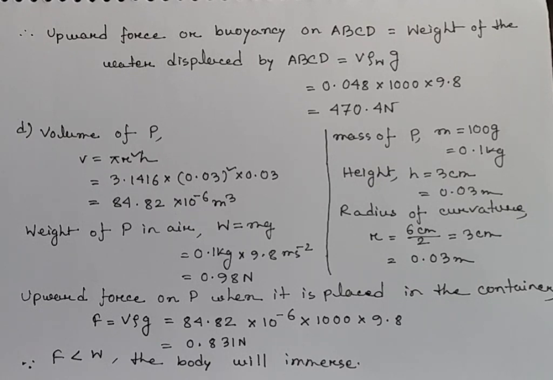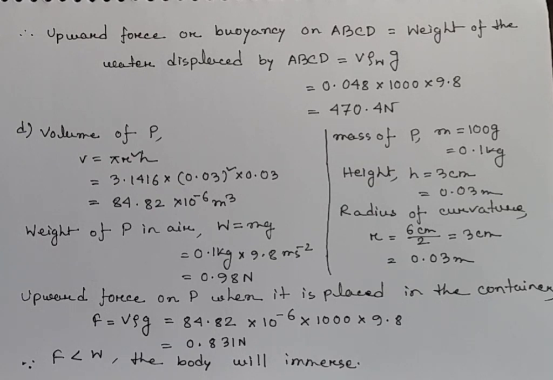So we get the volume of P as 84.82 into 10 to the power minus 6 meter cube. At the same time, we have to determine the weight of P in air, because whether the body will float or immerse will depend on the buoyancy and on the weight of the object.